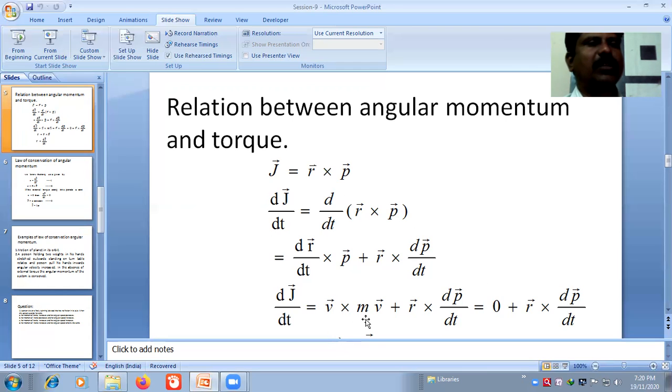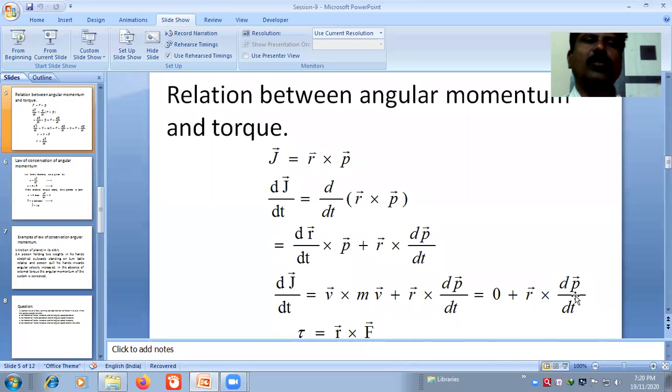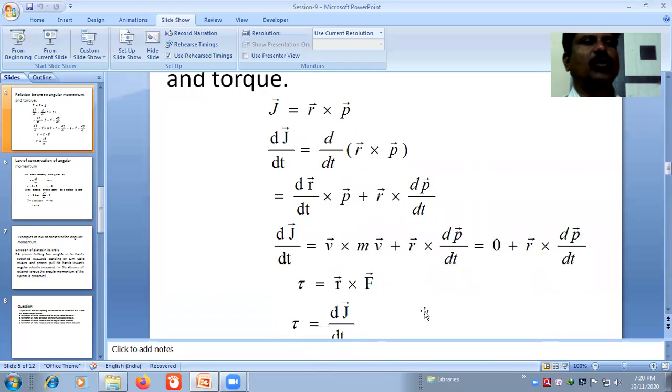So it is v cross m v plus r cross dp by dt. According to the vector notation formula, v cross v is equal to 0, that's why I'm writing only r cross dp by dt. That dp by dt is nothing but the rate of change of momentum, which is force. That's why tau is equal to r cross F. But dJ divided by dt is nothing but tau.